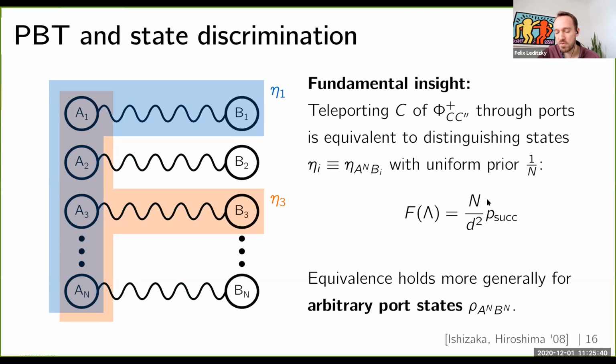Okay, and the proportionality factor is n over d squared, where, as a reminder, d is the local dimension of all of these systems, and n is the number of ports that we have in the game. And in fact, this equivalence doesn't only hold for maximally entangled states between Alice and Bob, but for arbitrary port states. So this is a nice exercise to do.